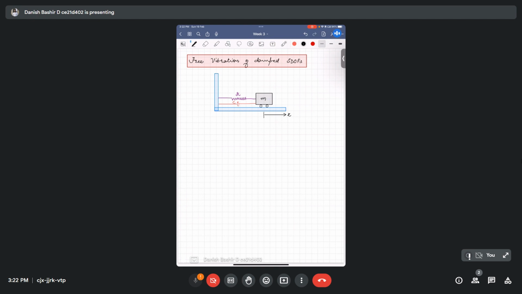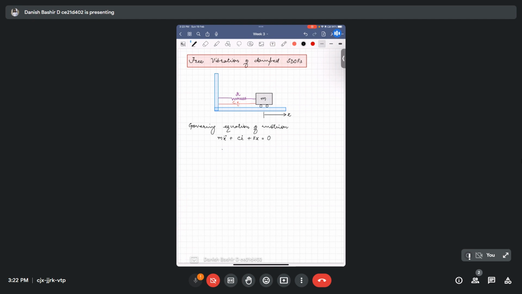We know the governing equation of motion will be m x double dot, the contribution from the inertial force, plus c x dot, the contribution from the damping force, plus k x, the contribution from the stiffness of the system, equal to, since it's free vibration, no force is present, 0.